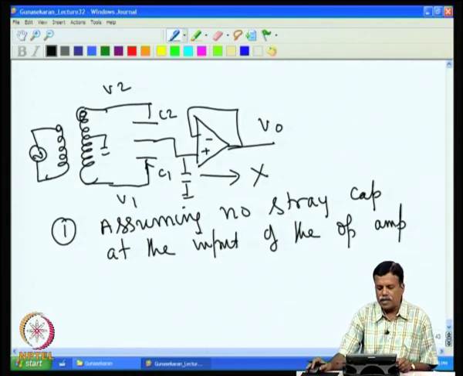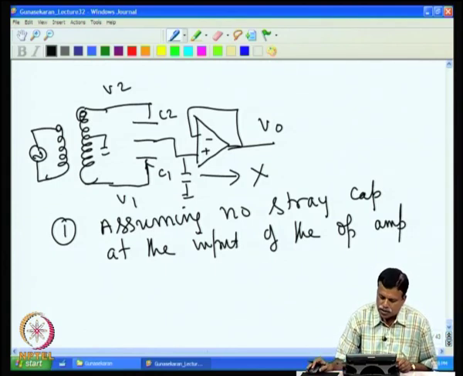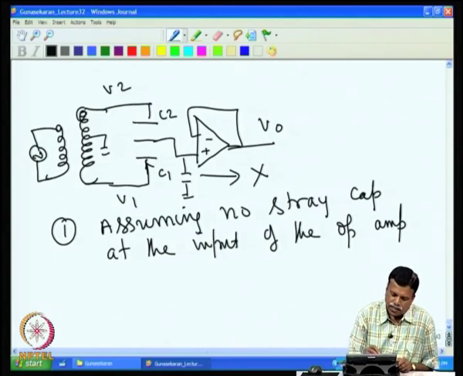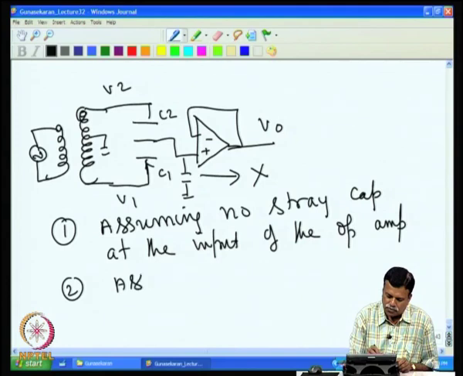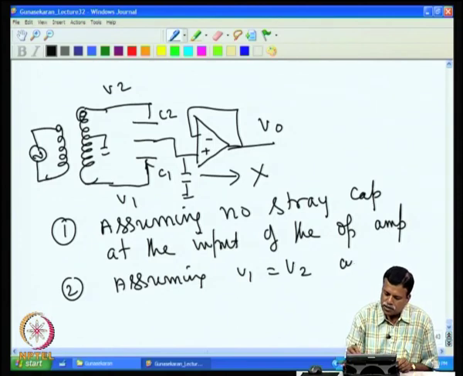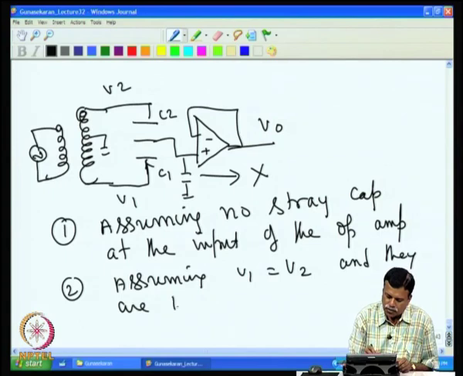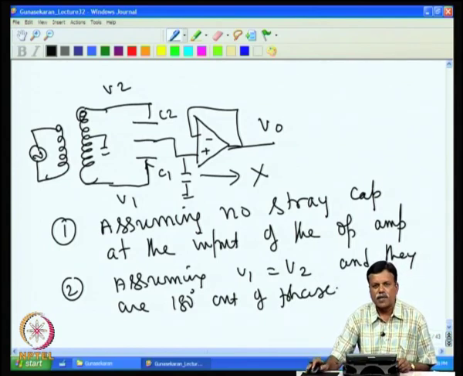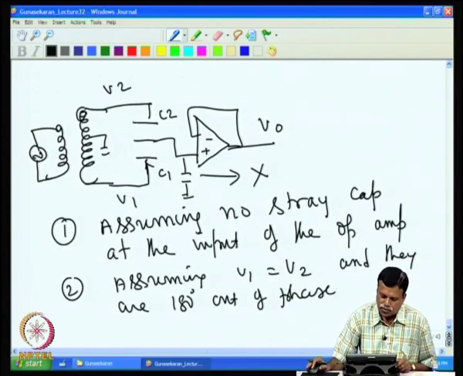So, we will analyze assuming there is no effect due to this. Second assumption: V1 equal to V2, and they are 180 degrees out of phase, because this is a transformer, so the 180 degree phase difference automatically happens. So, there is no problem with that.